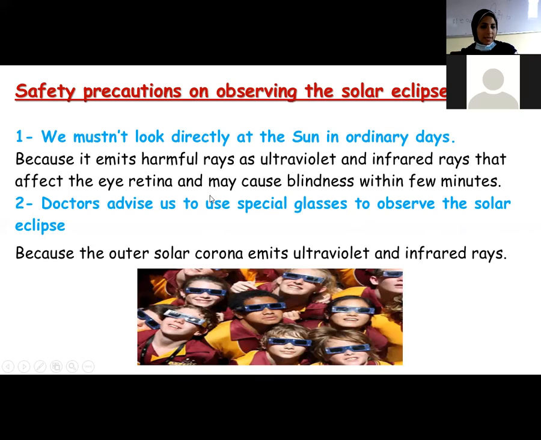On ordinary days the sun emits harmful rays like ultraviolet and infrared, and these rays may cause blindness within a few minutes. So we must wear special glasses like this to observe the solar eclipse.